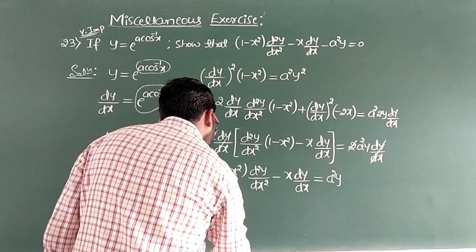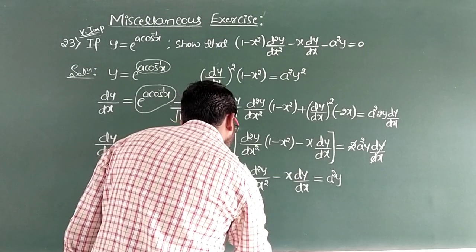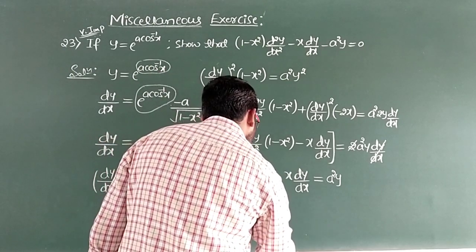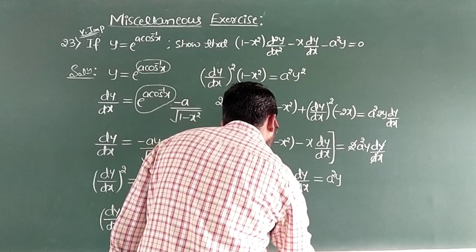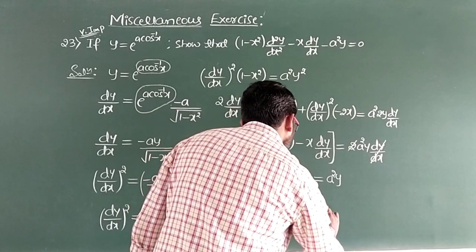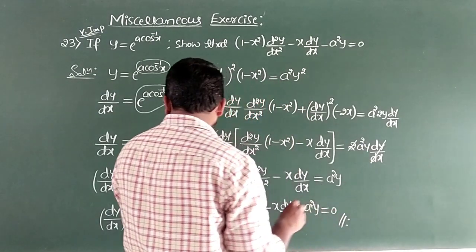So 1 minus x square into d square y by dx square minus x dy by dx minus a square y equals 0. So this is the required answer for question number 23.